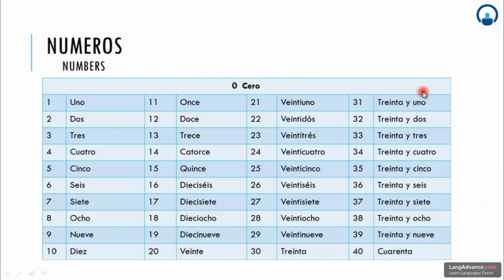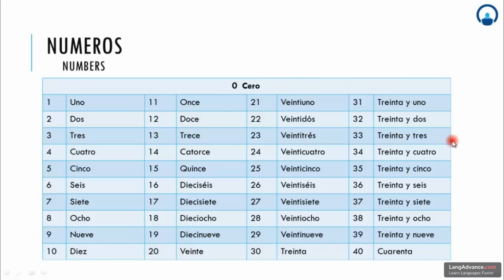Now the pattern which we have seen from 31 to 40, the same rule will be followed from 41 to 99. Like if we want to write 31, we write 30 and 1. This same pattern will be followed from the number 41 till 99.